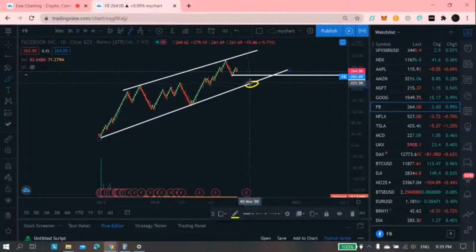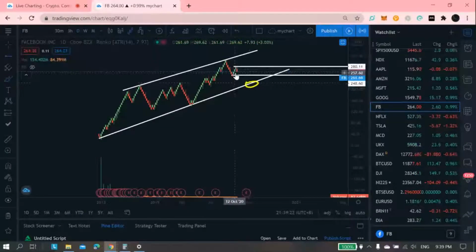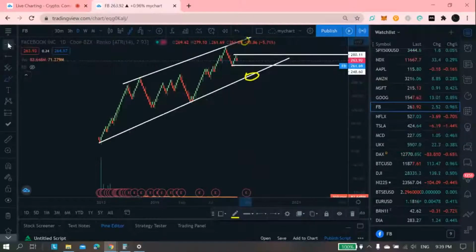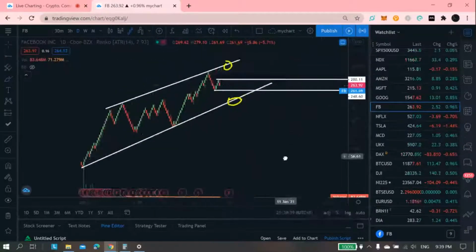And of course, the resistance I'm looking at is this area, the previous Renko high of around 280. If it breaks this, of course, it will retest this area. So at this point, I think the risk reward ratio is 1:1.